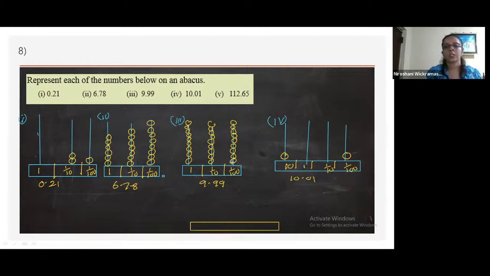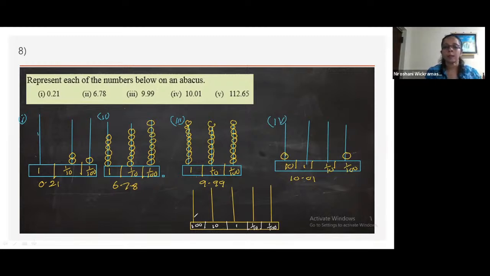I will do the last one here. It has 100 place, tens place, 1 place, 1/10 place, 100 place. It is like this. This is 100. This is tens. This is 1, 1/10, 100.